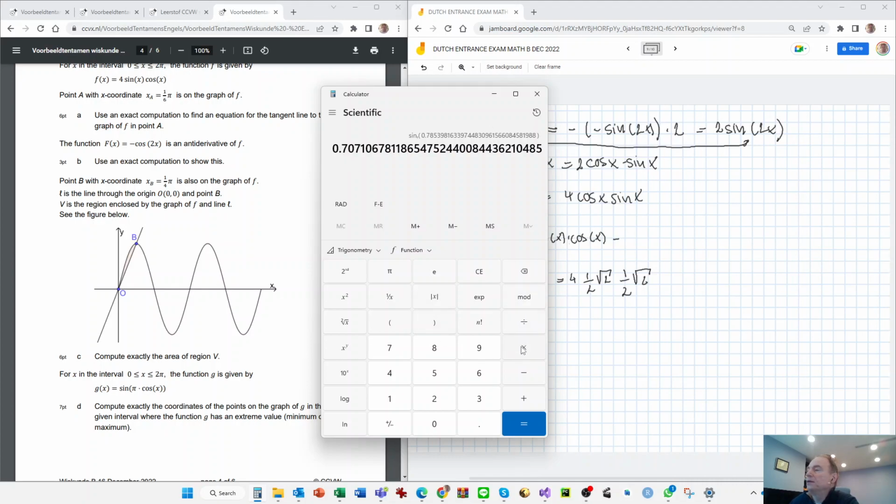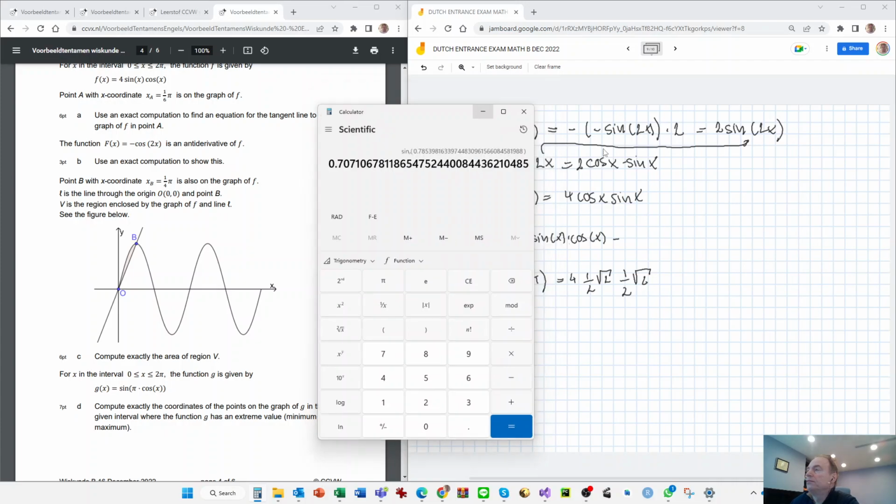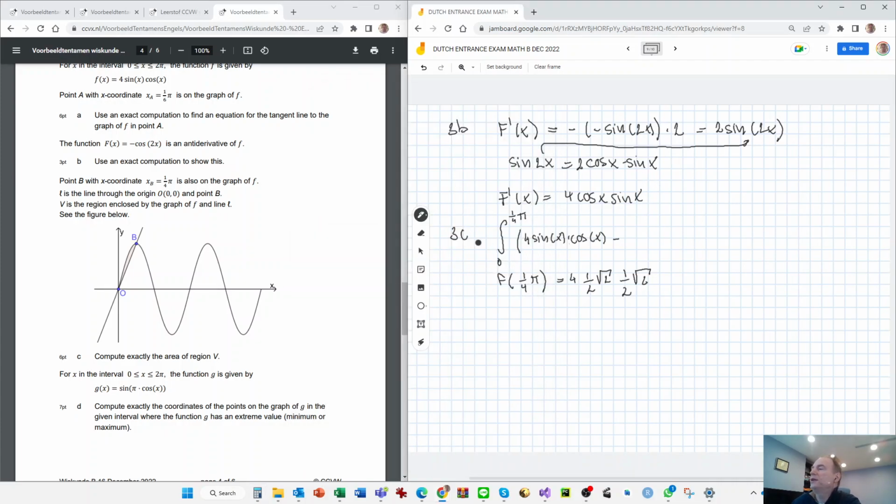Again, try to remember these standard angles as I mentioned just now. So these all drop, so you get 2. So that line there is the slope. This is the slope of the line.